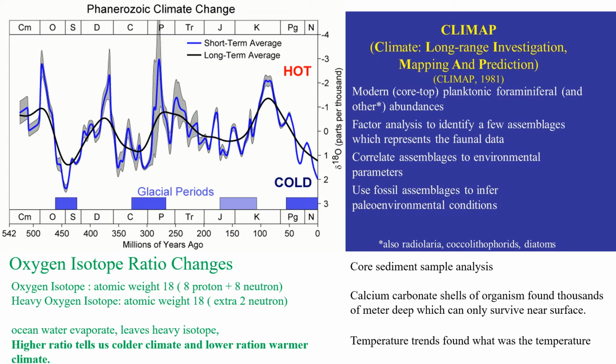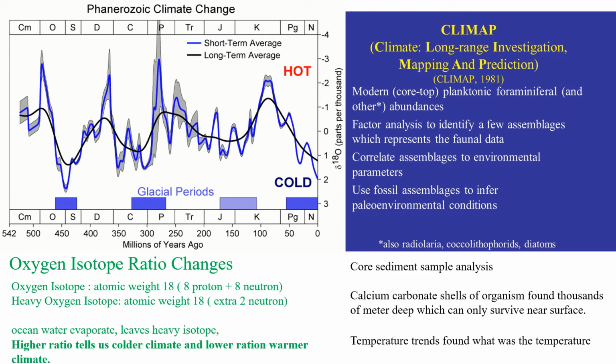And then you have the coarse sediment sample analysis. That's how we know about the past climate. Calcium carbonate shell organisms found thousands of meters deep, which can only survive near the surface. Through that process, we know about the past climate.